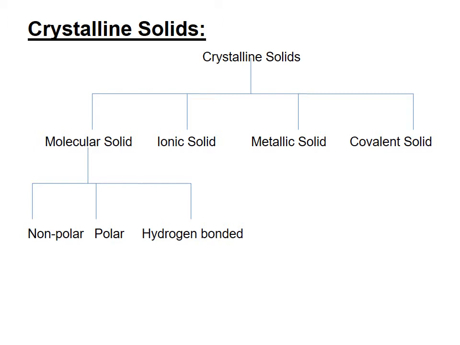Those solids which have long range order of constituent particles are known as crystalline solids. They have a sharp melting point. They are true solids. They are anisotropic in nature. Examples of crystalline solids are sodium chloride, silicon carbide, etc.